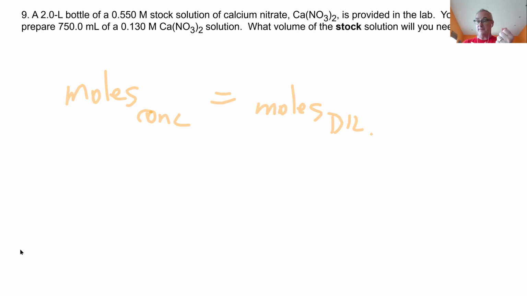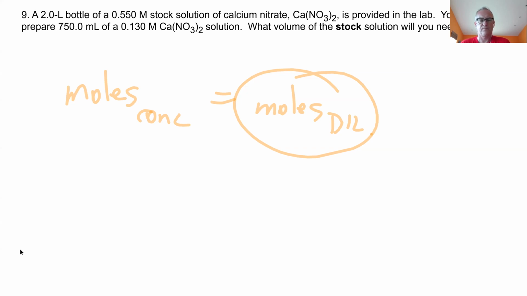So we start with how many moles are in the dilute solution, and then work backwards to figure out how much of the concentrated solution I would need in order to do that. And so since the moles, what do we know? How do we get moles from volume and concentration? What's the formula for moles?